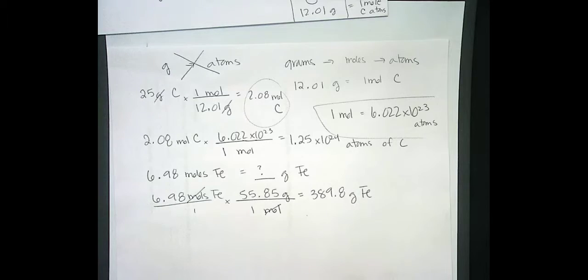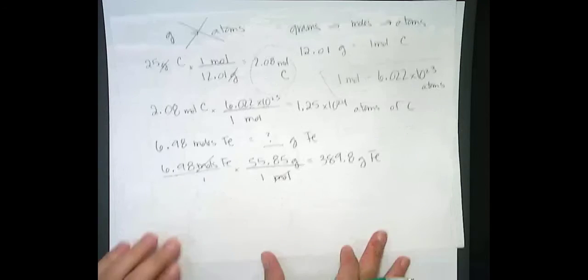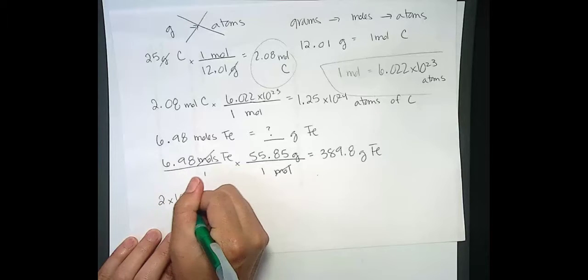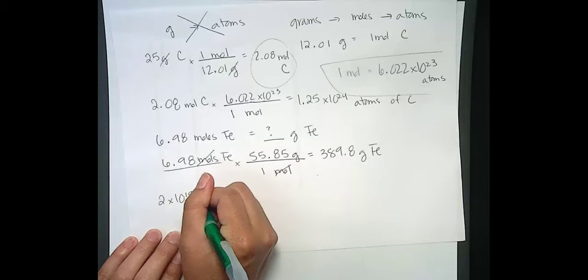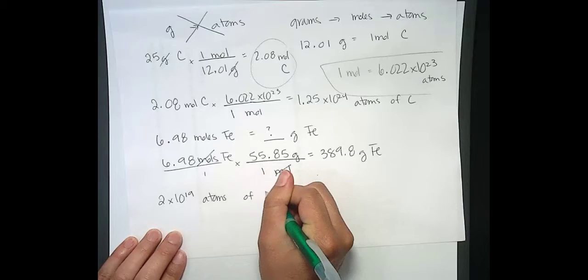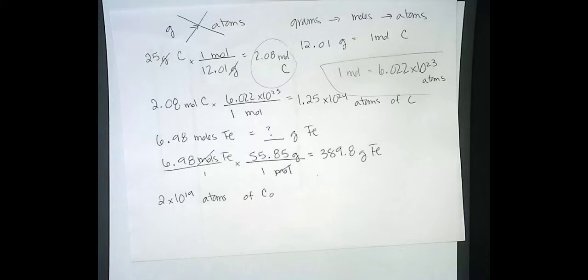Let's say I have a number of atoms. Let's say I need 2 times 10 to the 19th atoms of cobalt. Well, I'm not going to count them, right? I'm going to weigh them.